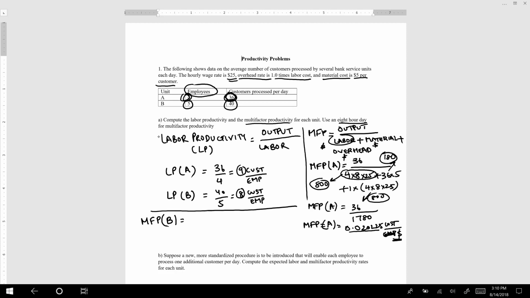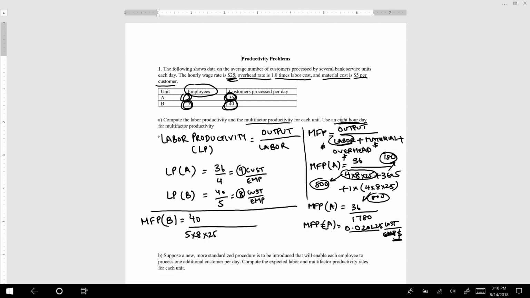So let's calculate the multi-factor productivity for unit B. So the output would be 40 divided by the input, so that is labor. Labor would be, we have 5 employees, each working 8 hours at a rate of 25.